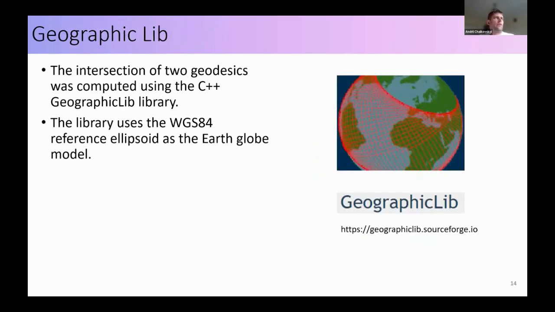And to do that, we chose to use GeographicLib. It's a C++ library that works well with the WGS84 representation of the reference ellipsoid of the Earth globe. And this library helps us directly find the intersection of two geodesics.